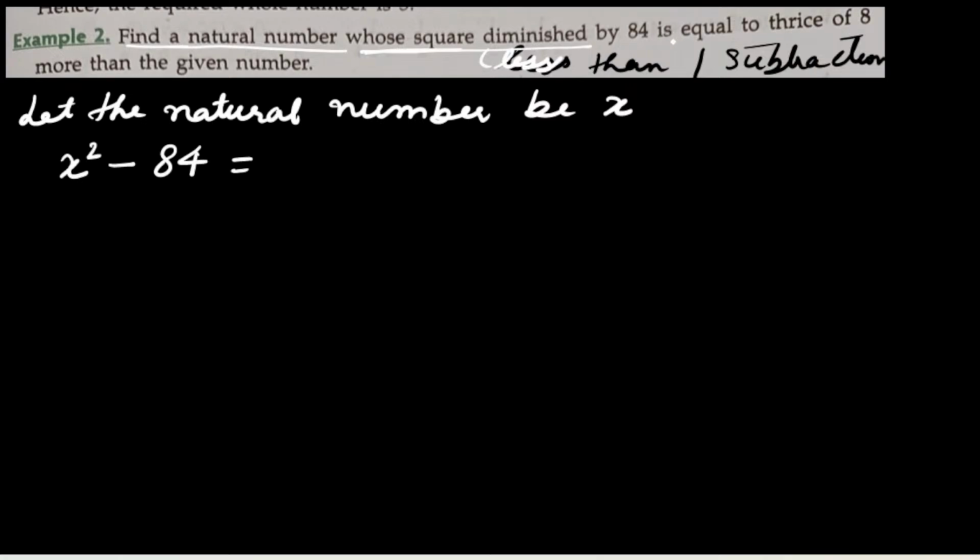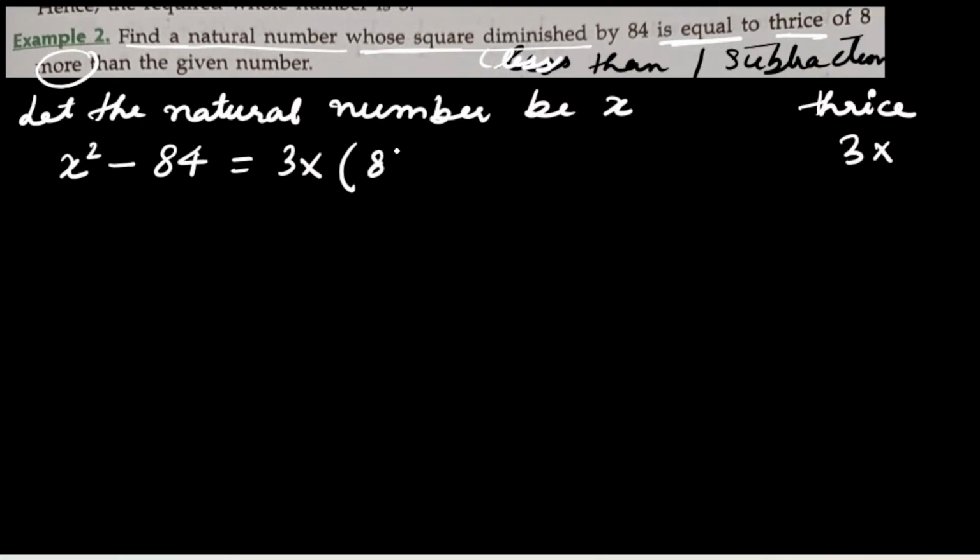It is equal to, as it is I am writing, thrice. Thrice means 3 times, so you can make notes of these. 3 times means 3 into. So it is equal to 3 into 8 more than the given number. I am going to write this thing in a bracket, because multiplication of which thing I have to do, thrice of 8 more.